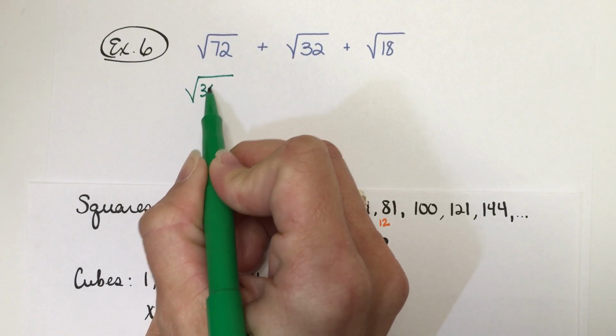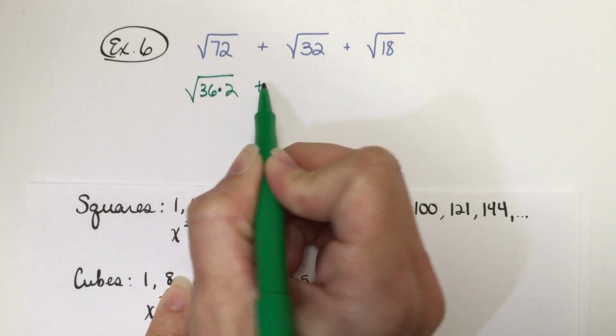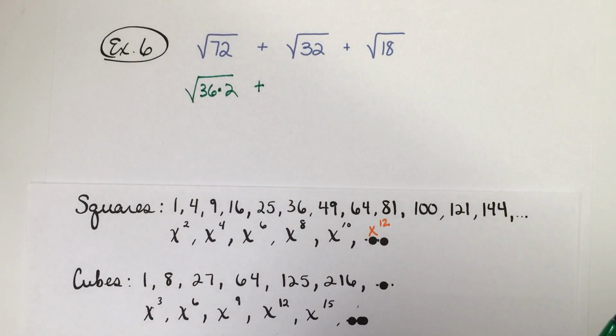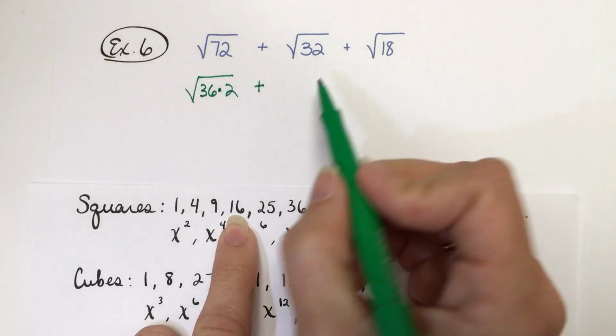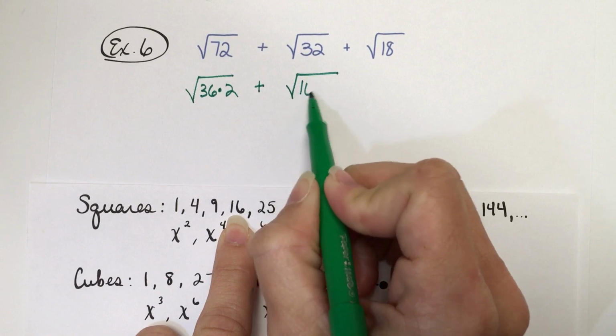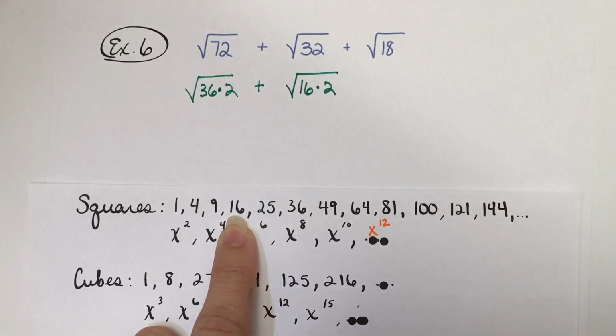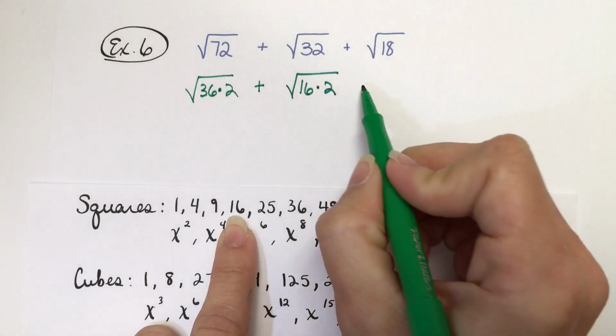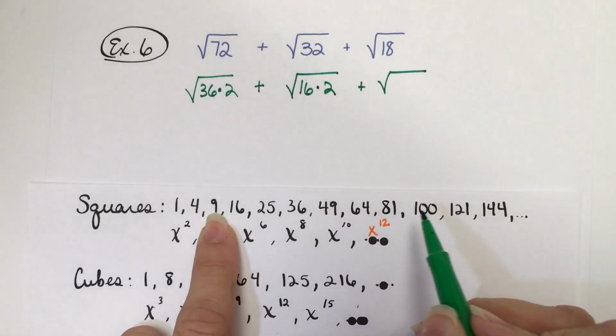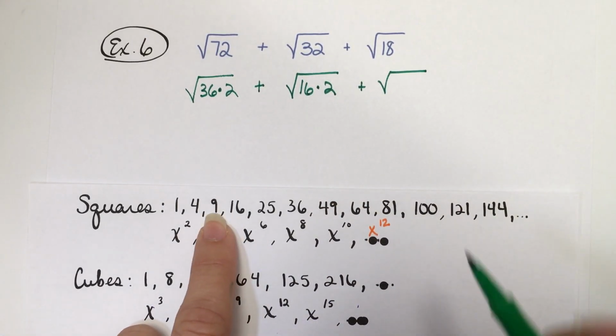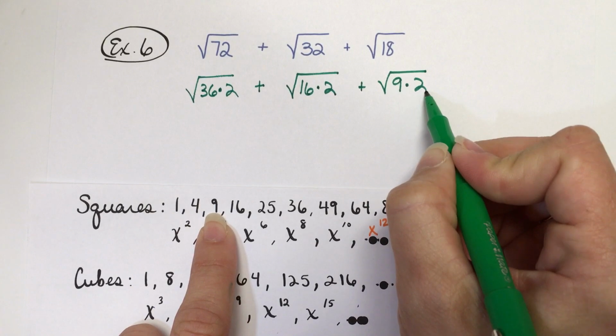So we change this to be 36 times 2. Okay, now 32 is not a perfect square, but 16 is. And it'll go 2 times. And 18, we'll use the 9. So that's going to be 9 times 2.